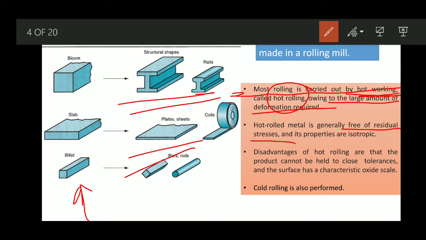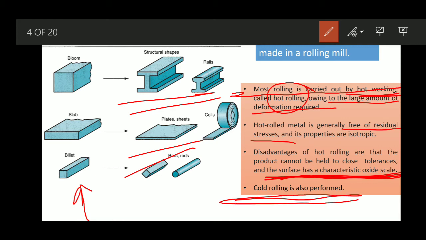Similarly, some disadvantages are also associated with hot rolling, just like in hot working processes. Close tolerance dimensional control is somewhat difficult, and the hot rolling process is prone to oxidation scaling. Just like hot rolling, we also perform cold rolling.